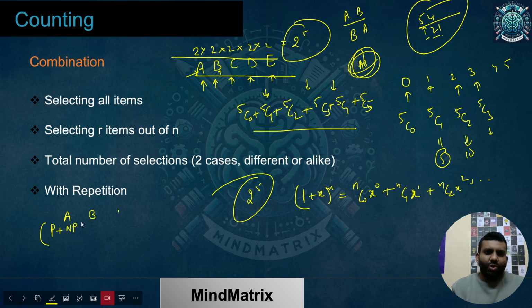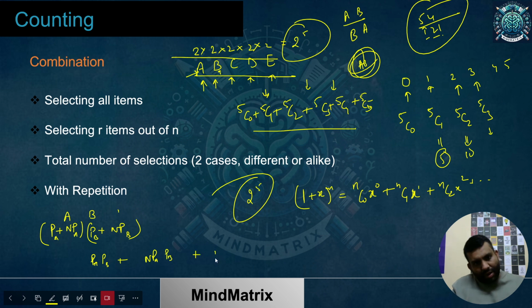These are the two choices I'm having, pick or not pick for the B. If you just multiply these, you'll get what I meant over here. So PA PB plus NPA PB plus NPA NPB.